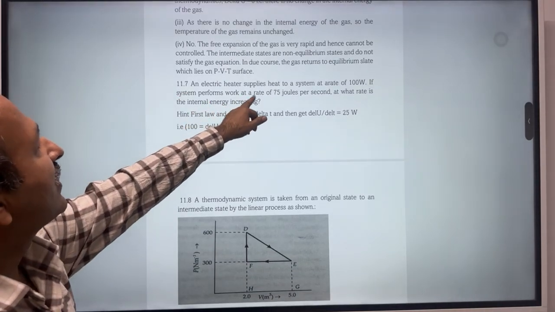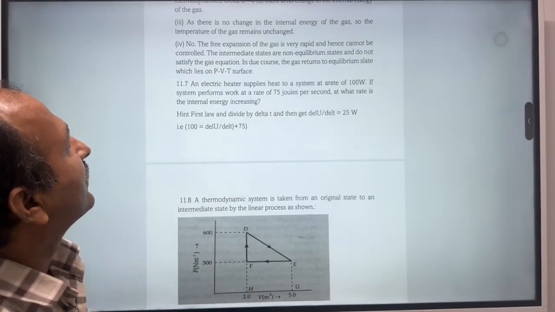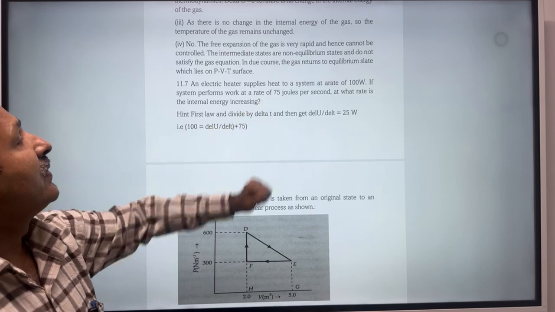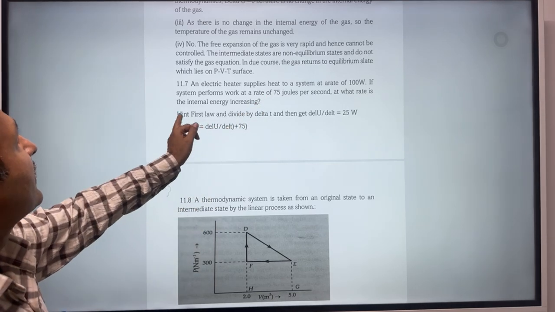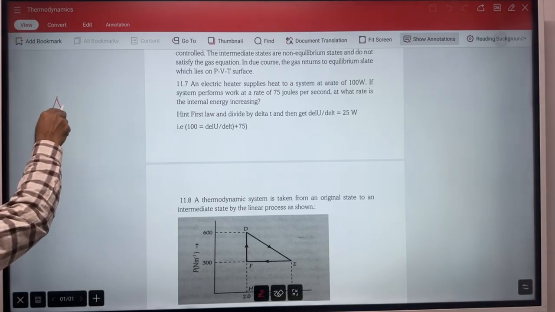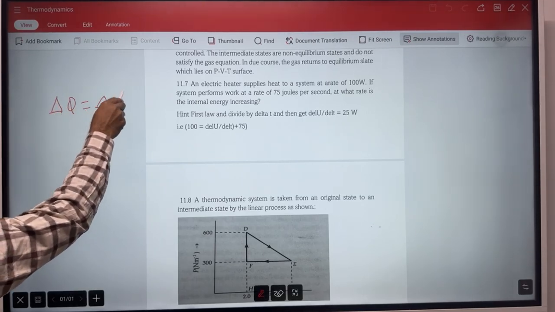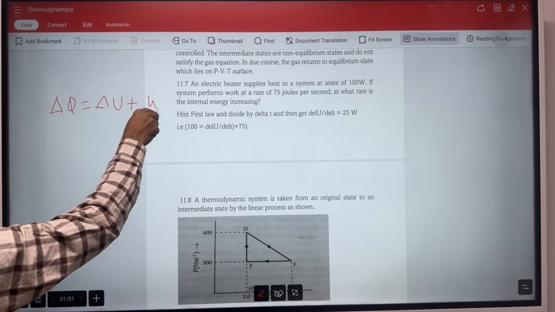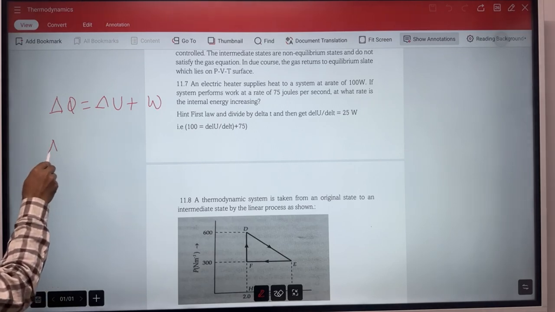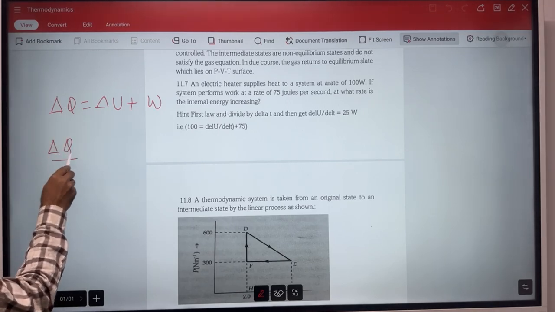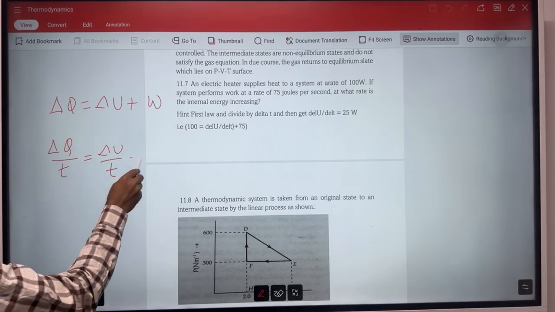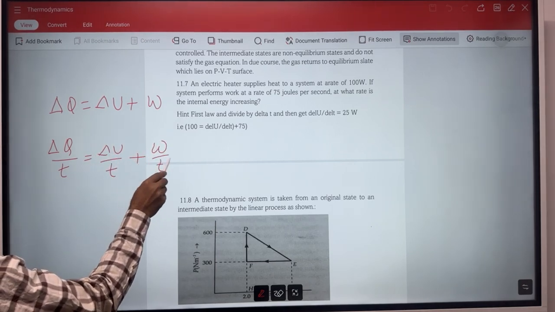An electric heater supplies heat to a system at a rate of 100 watt. If the system performs the work at the rate of 75 joule per second, then at what rate is the internal energy increasing? So when we apply the formula delta Q equal to delta U plus W, and if we want to convert this equation in terms of rate, what do we do? We write delta Q upon small t, delta U by small t plus delta W divided by small t.